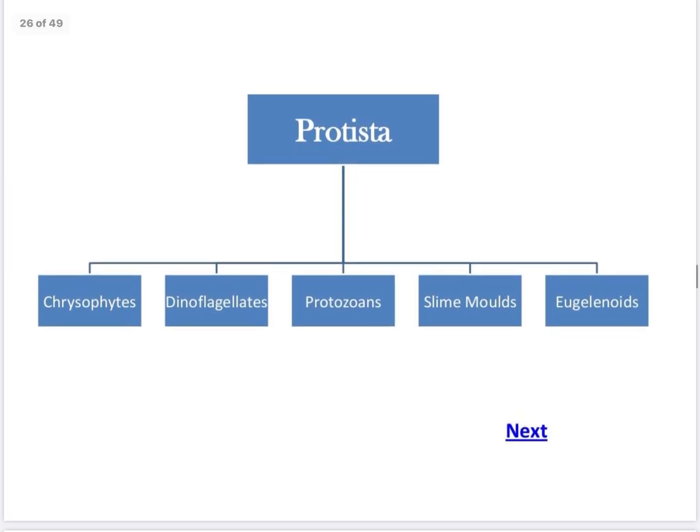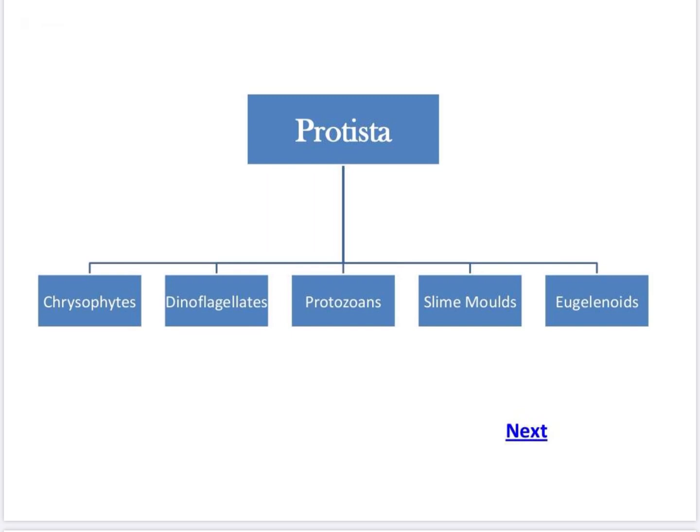Remember, two things are getting connected via Protista. What is that? The connecting link between the prokaryotic kingdom Monera and the complex multicellular kingdoms such as Fungi, Plantae, Animalia. So the first kingdom is linked to the third, fourth, fifth kingdoms through the second kingdom, Protista.